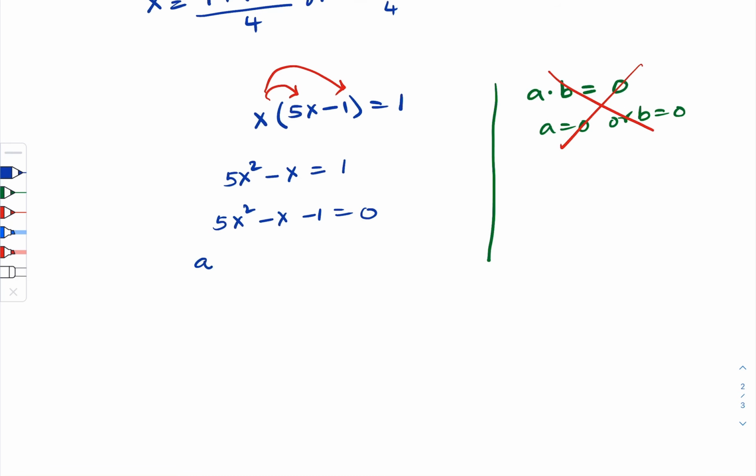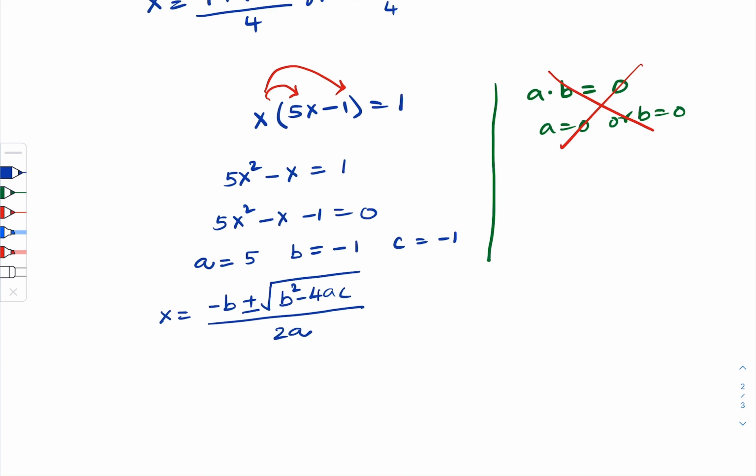So let's identify the a, the b, and the c. So the a is a 5, the b is negative 1, and c is negative 1. Okay, so x is equal to minus b plus minus square root of b squared minus 4ac, and the whole thing divided by 2a.